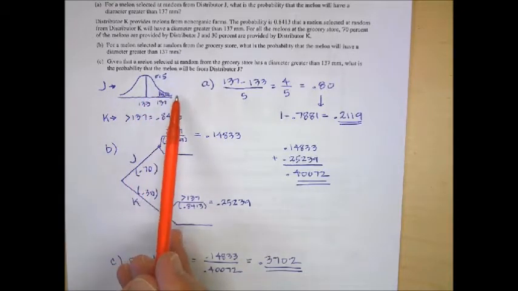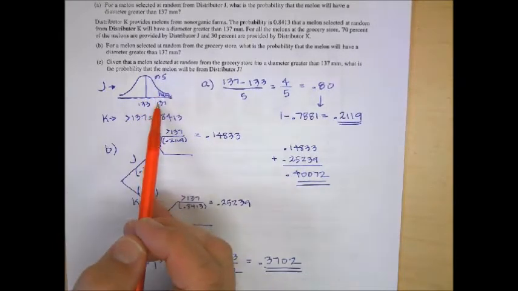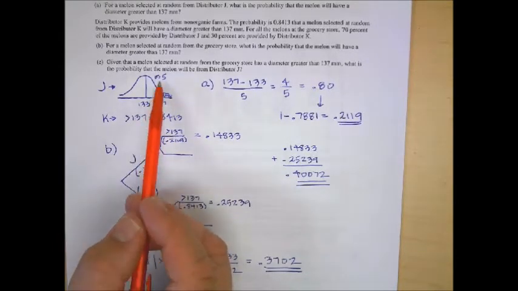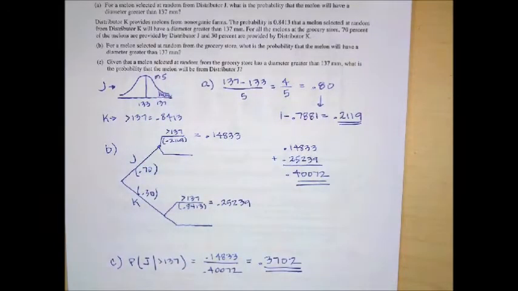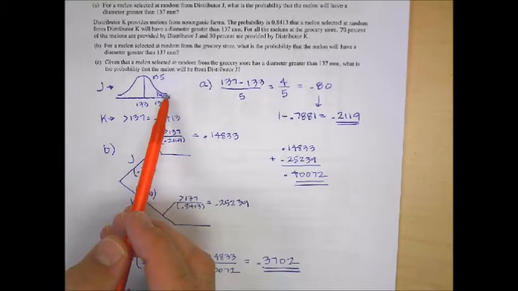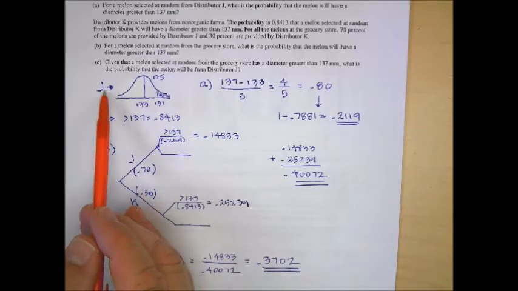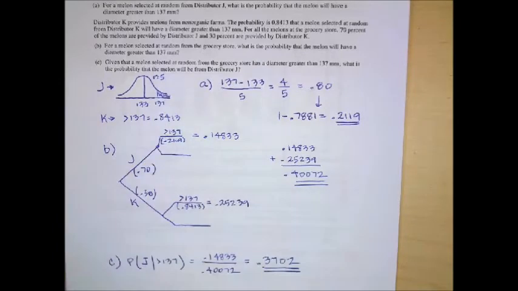So the minute I saw normally distributed up there, I got to draw a Z chart with a mean of 133 and a standard deviation of 5 millimeters. And they said, what's the probability that a randomly selected watermelon from farm J exceeds 137 millimeters?